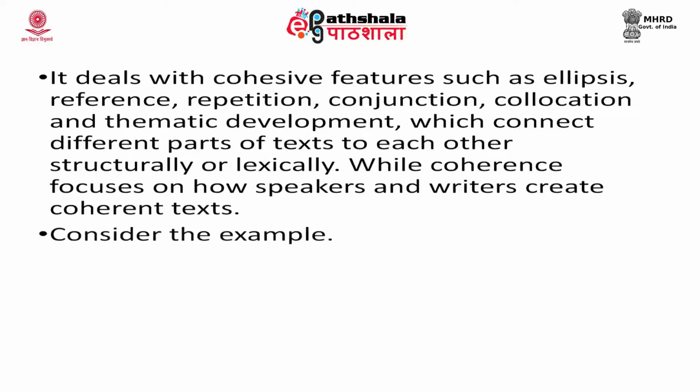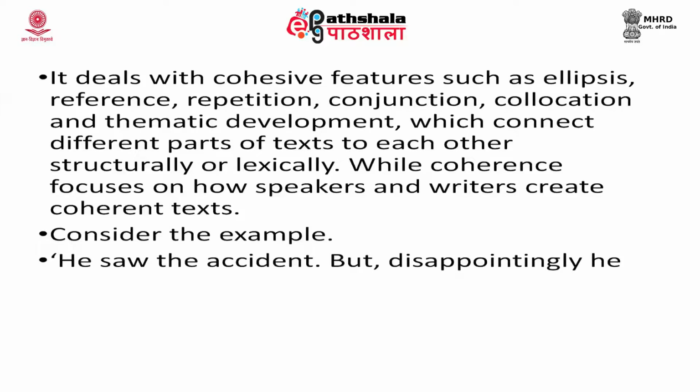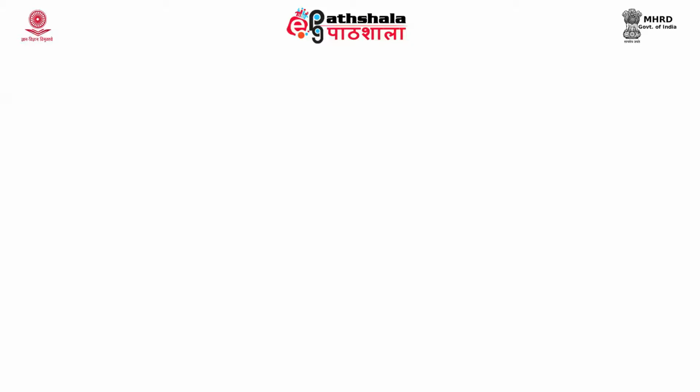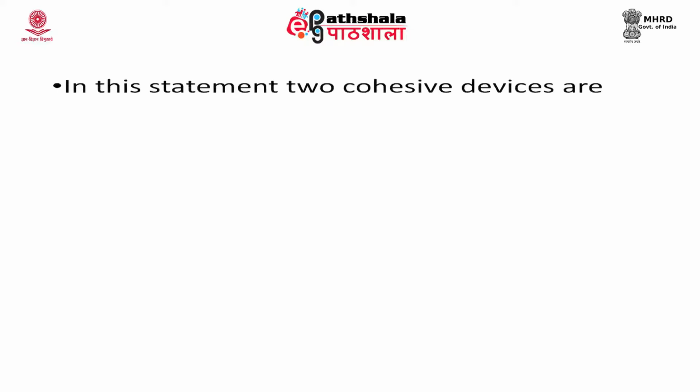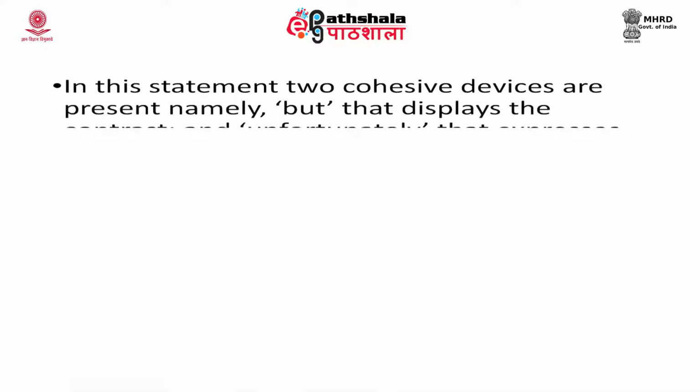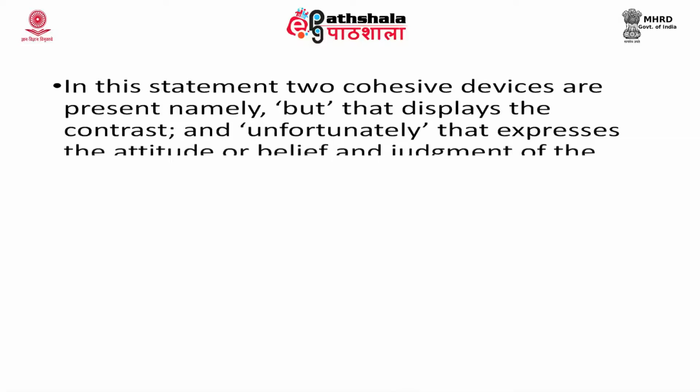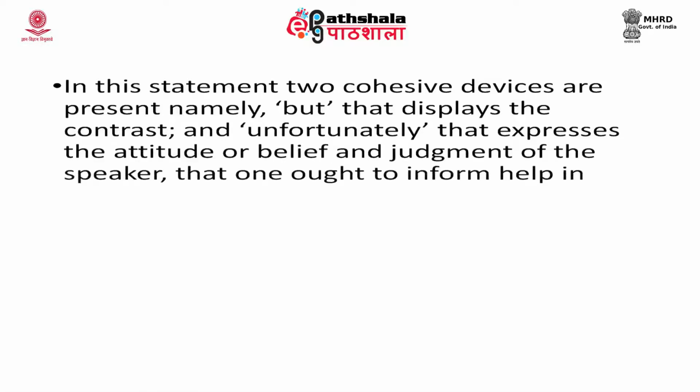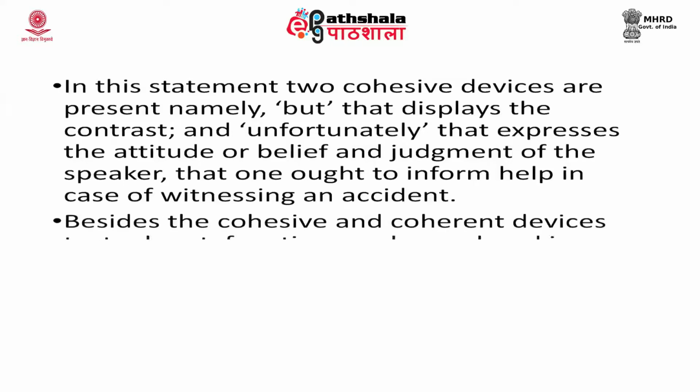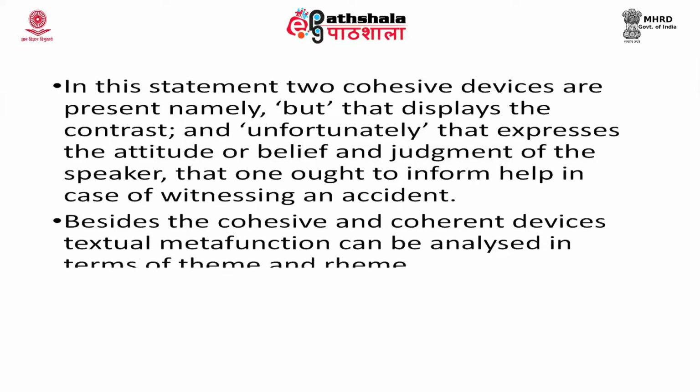While coherence focuses on how speakers and writers create coherent texts, consider the example, he saw the accident, but disappointedly he did not help her. In this statement, two cohesive devices are present, but that displays the contrast and unfortunately that expresses the attitude or belief and judgment of the speaker that one ought to inform help in case of witnessing an accident.